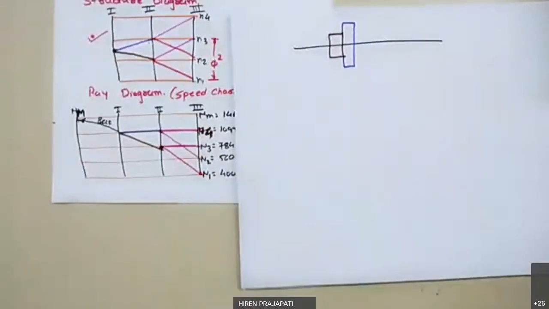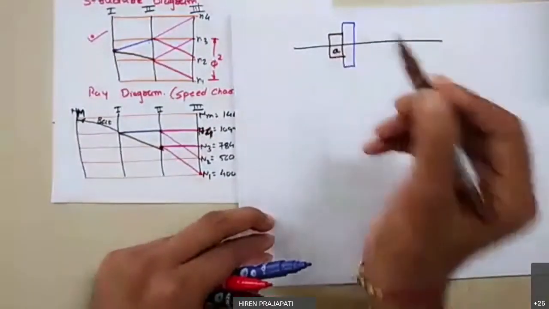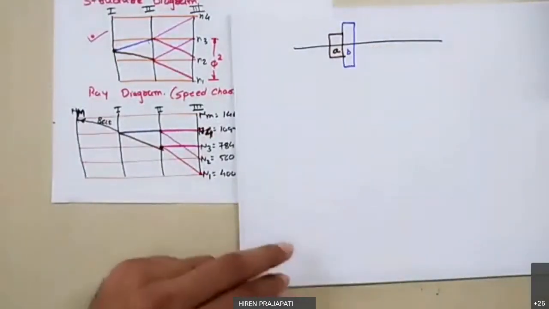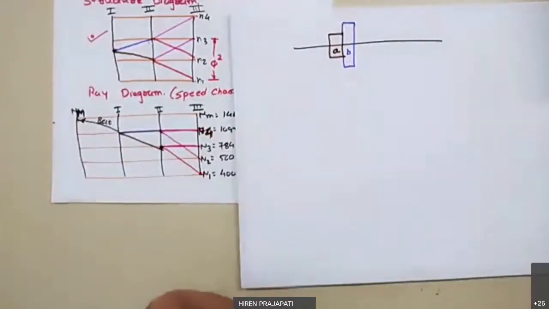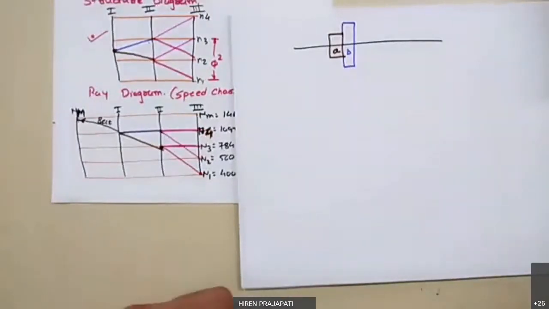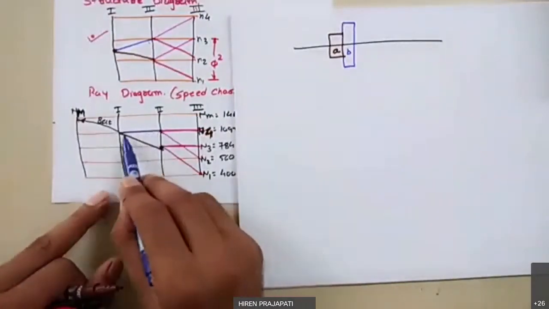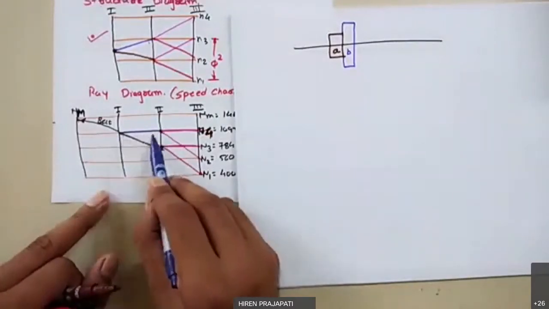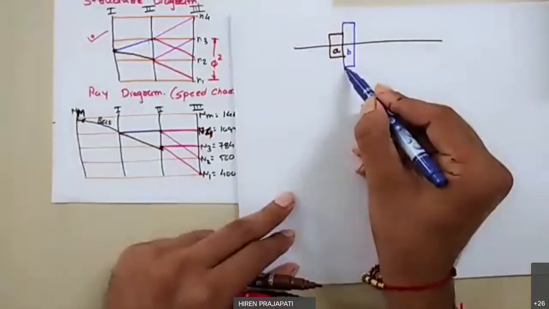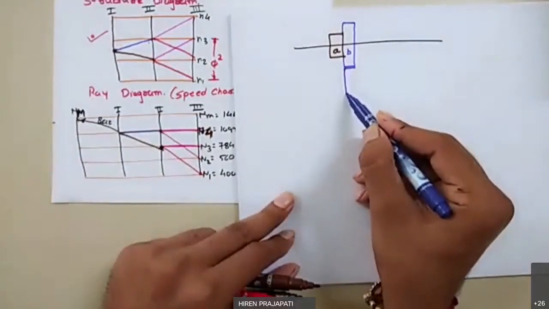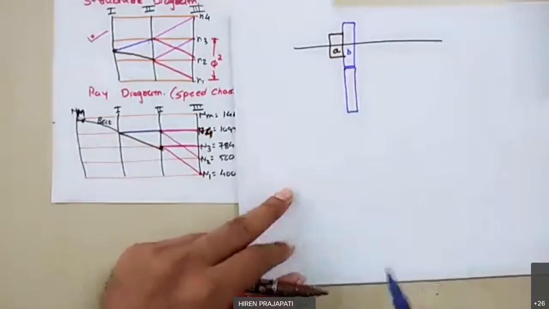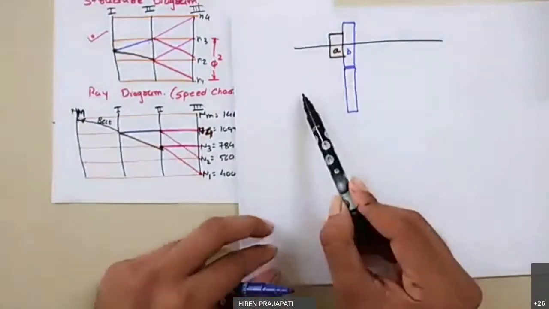I call this gear A and this gear B. I have indicated the gear cluster on the input shaft. Please remember. Now, this B line is giving us the same speed on the input shaft as well as on the output shaft. So let us consider the same diameter for both the gears.